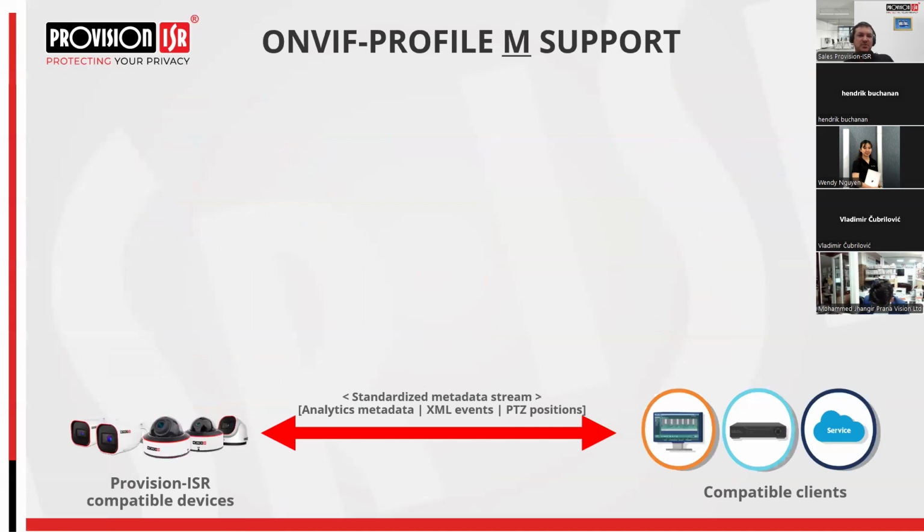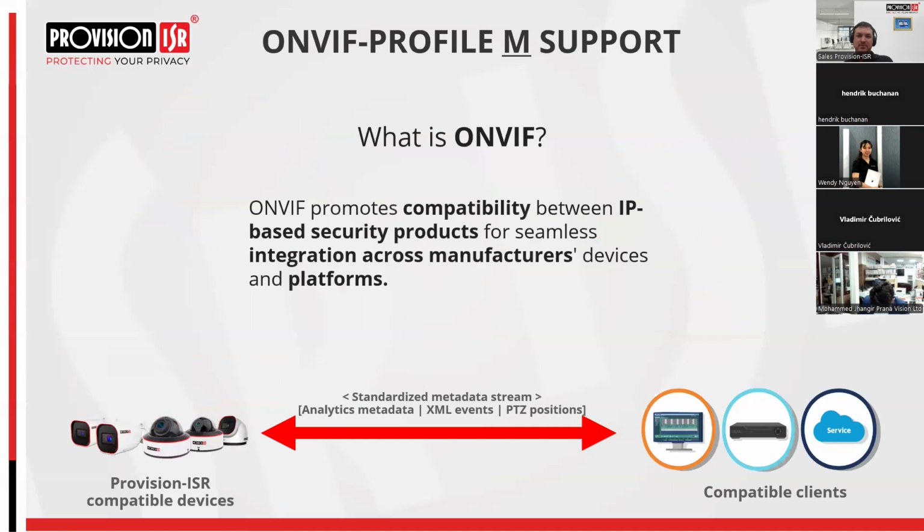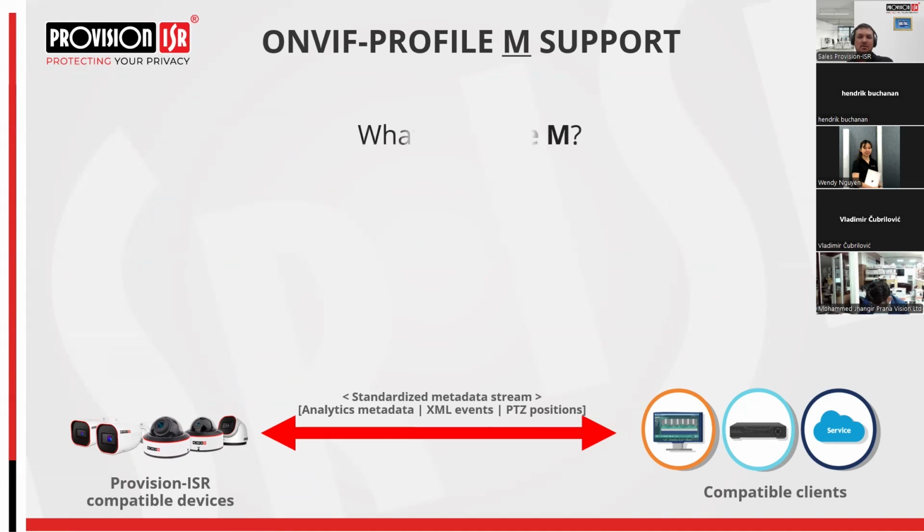The next feature is we're introducing ONVIF Profile M support. Before I explain Profile M support, let me begin by explaining ONVIF for those who don't know. What actually is ONVIF? ONVIF promotes compatibility between IP-based security products for seamless integration across manufacturers, devices, and platforms. Then what is Profile M exactly?